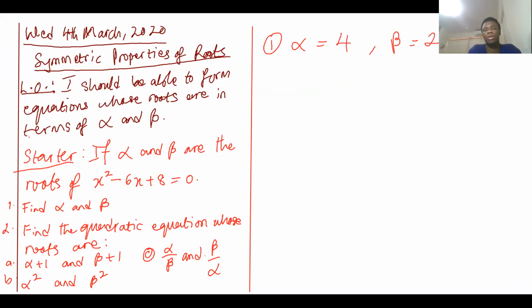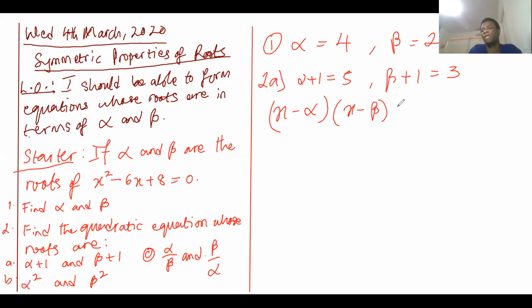So when you are about to do question 2, your alpha plus 1 is 5, and your beta plus 1 is 3. So instead of saying x minus alpha, x minus beta, I believe this is the method you used.